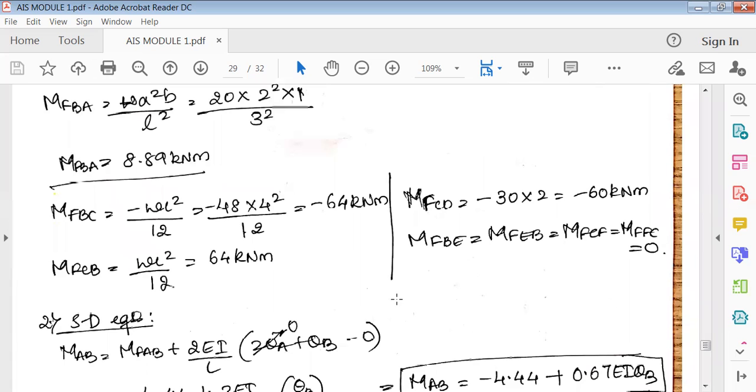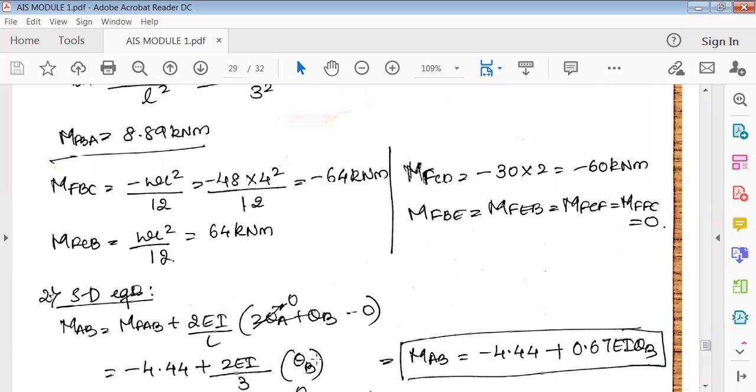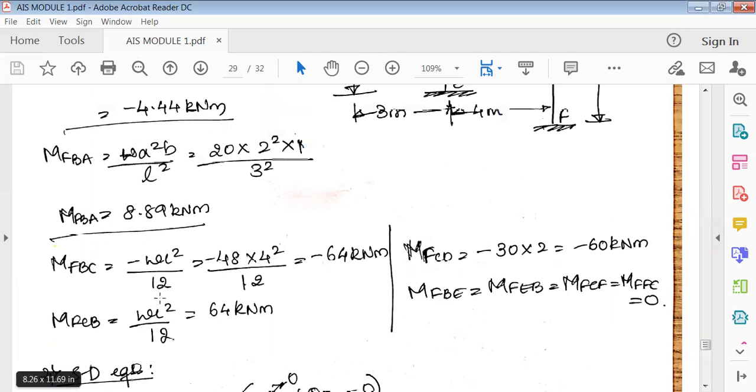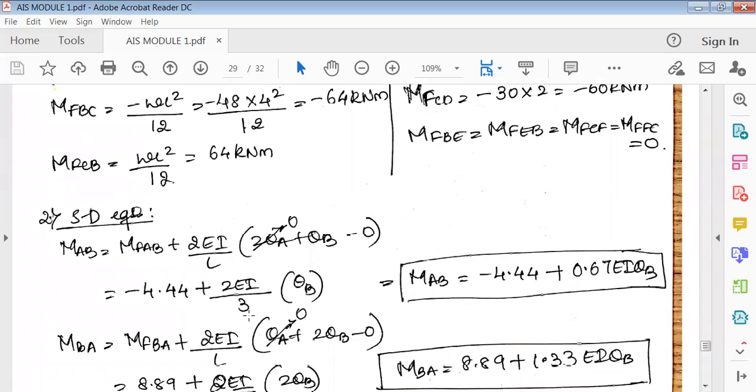Once you find these, next is the slope deflection equation. Again the same: MAB is equal to MFAB plus 2EI by L, A being the first joint, so 2 theta A plus theta B. Of course there is no settlement, so you need not write the formula; you can straight away write 0. MFAB you have already calculated. Always be careful when taking the value of I: in some spans it is I, and in some spans it is 2I, so resolve this carefully.